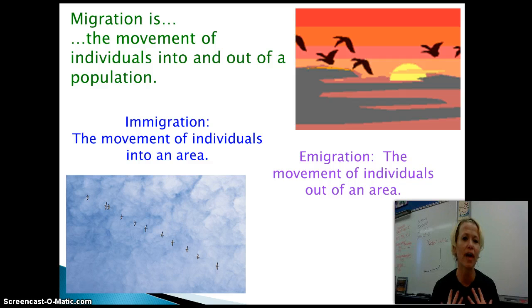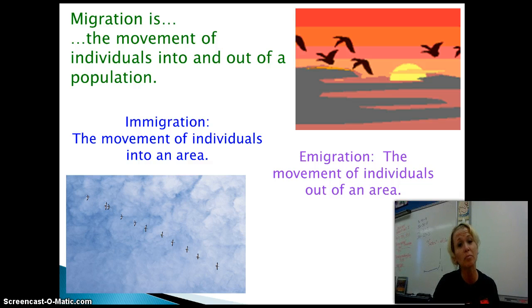And how I remember that, or maybe a way that you can remember that, is I in immigration can also be for in. And E for emigration can also be exit. So immigration, they're coming into an area, and emigration, they're exiting or leaving an area.